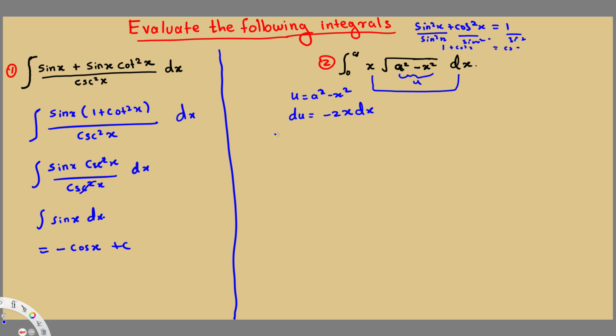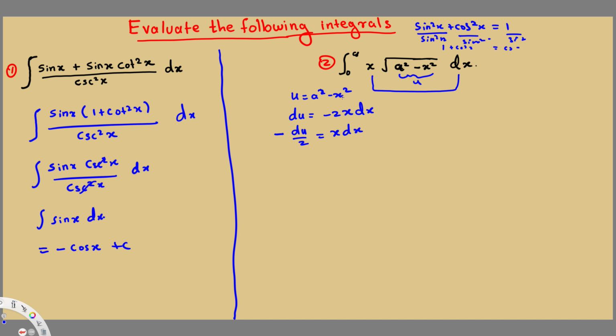So minus du by 2 is equal to x dx. Now we can write everything in terms of u, but before I do that, I have to find the new limits of integration. Here we have 0 to a. To find the new limits, all we have to do is simply substitute the 0 and a and see what value we get.